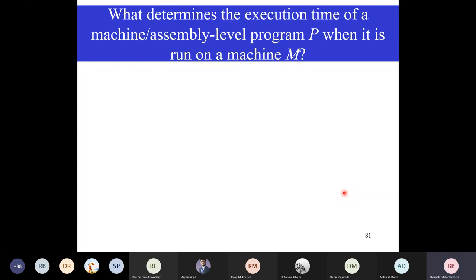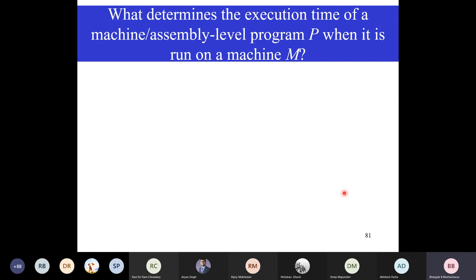So let me ask you this question. You have some understanding of this computer architecture now, this von Neumann case, and you know how the machine language program is executed one after another. And you have several steps in the execution cycle and so on. So imagine that you have a program P, and that you have already translated it into assembly language or machine language.